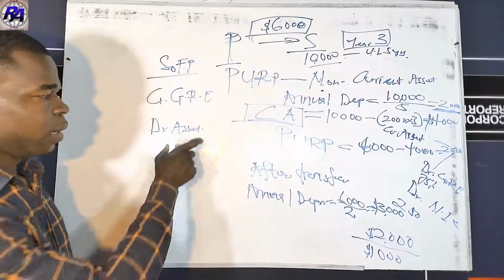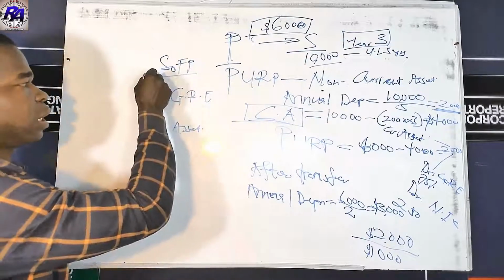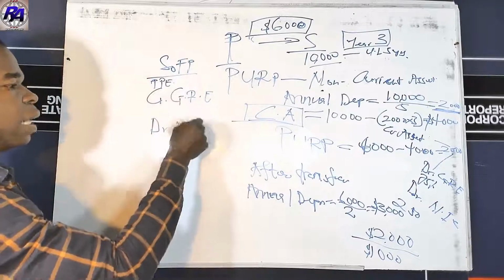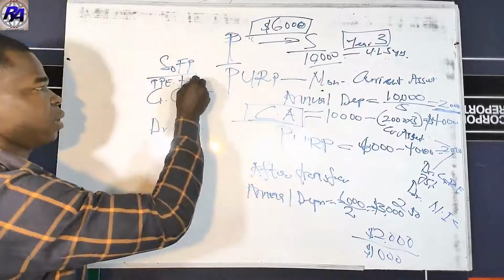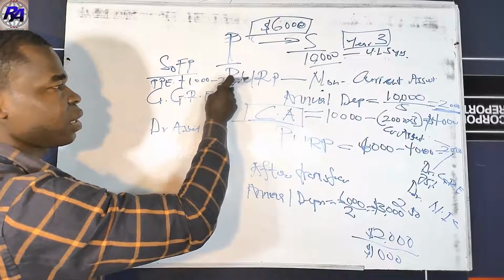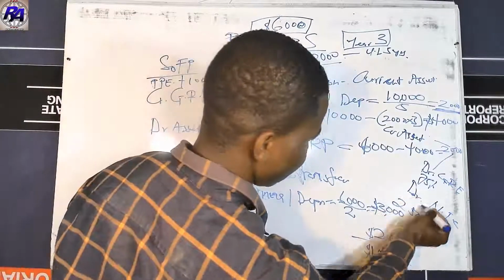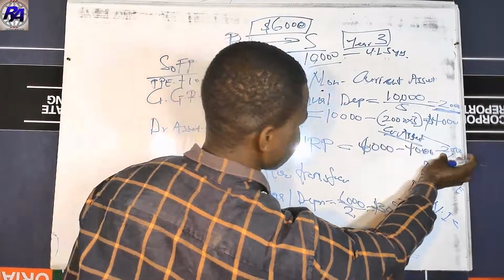Remember that if you go to the statement of financial position and you are taking your PPE, then add this amount of 1,000 to the asset, and then less your unrealized profit, which means you have the treatment we had earlier on. We credit our asset with the unrealized profit of 2,000.